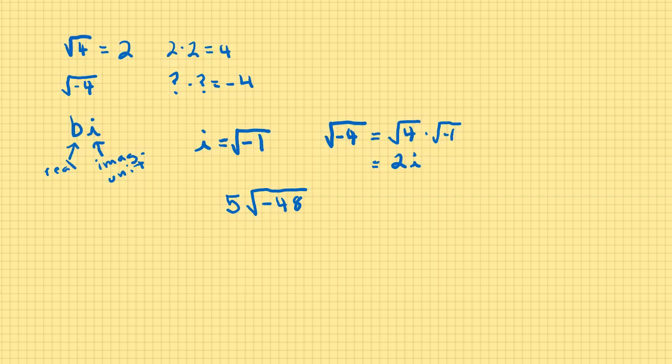So I'm going to break this apart as follows. So this will be 5 times the square root of negative 1. Okay, so I'm going to break negative 48 apart as negative 1 times, now I know that 48 is 16 times 3.